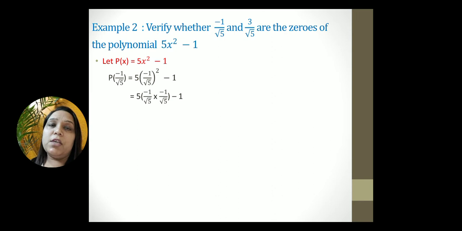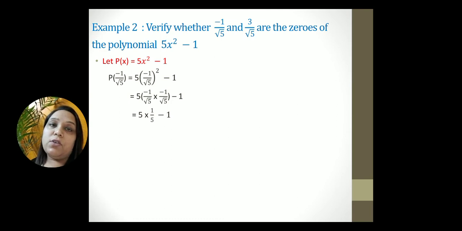Next step will be the square, meaning we have to multiply the same number 2 times. So minus 1 into minus 1, upon the denominator root 5 into root 5. Minus 1 into minus 1, what will we get? 1, and root 5 into root 5 we will get 5. So it will be 5 into 1 upon 5 minus 1.